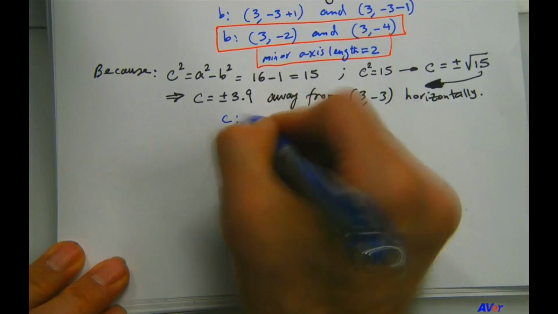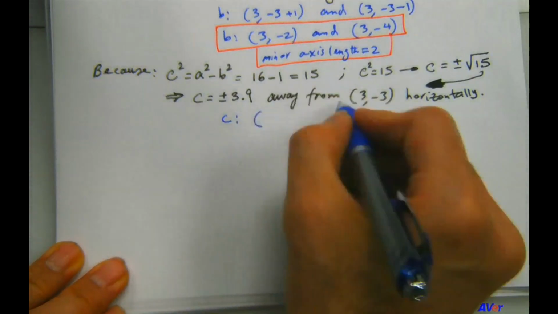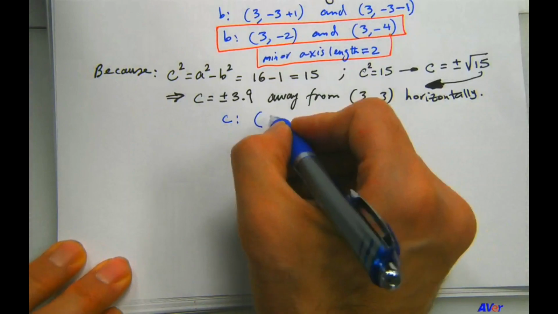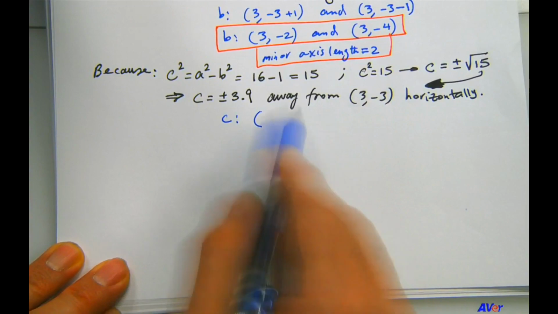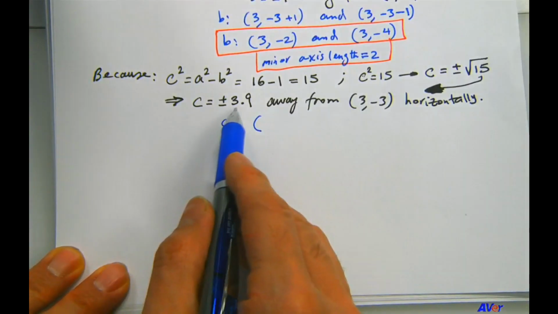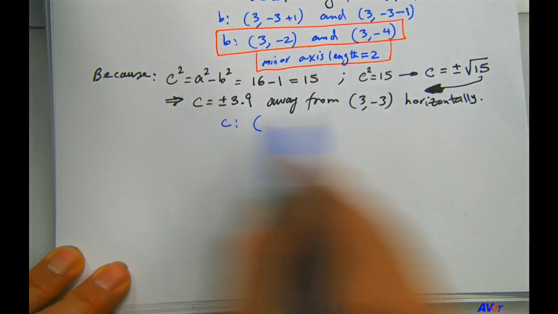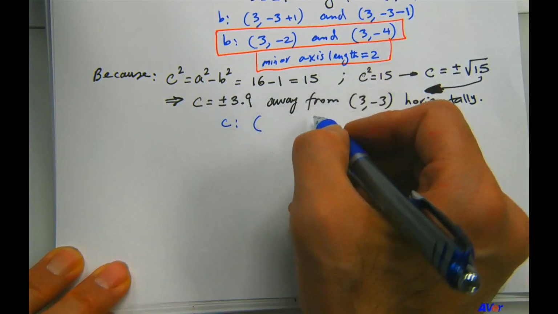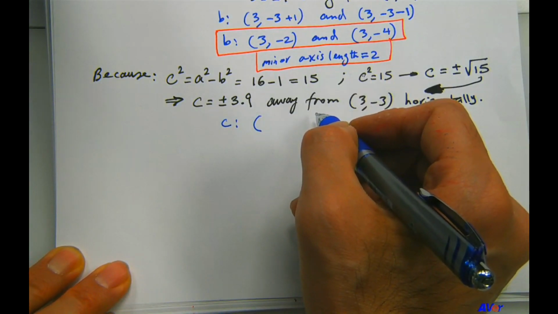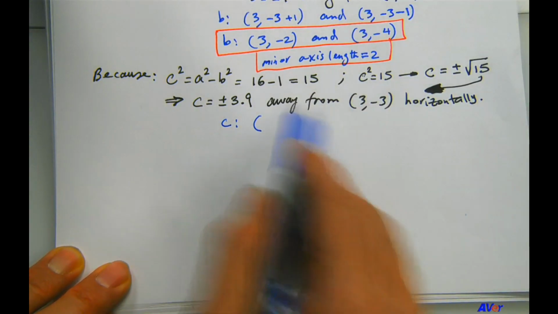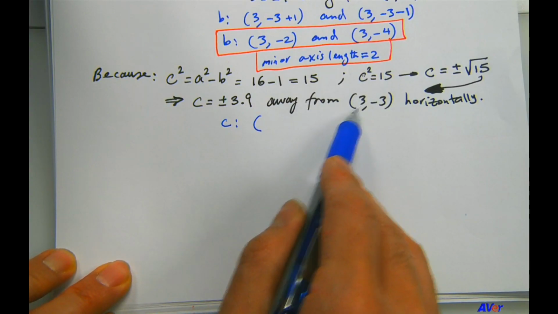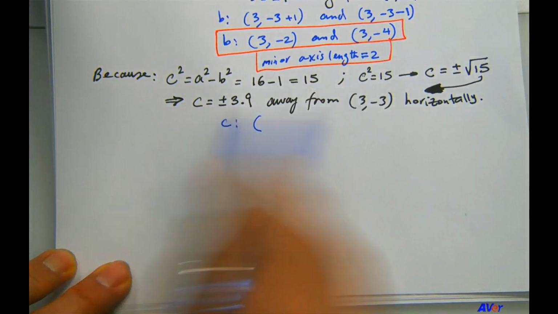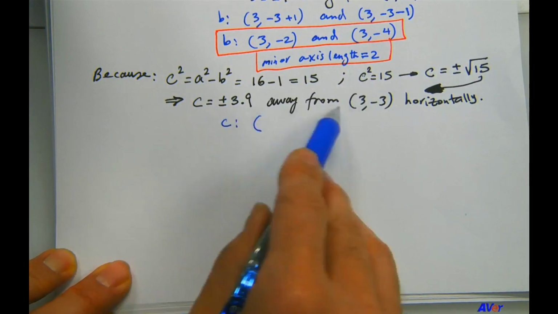Okay, so that would be, let's find that. So this would be 3 minus that and plus that.